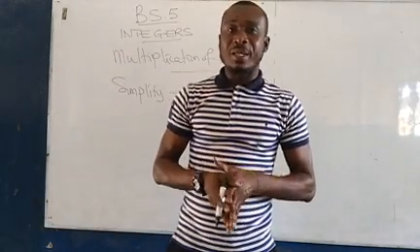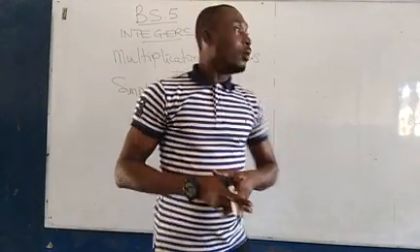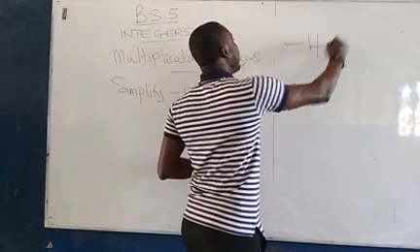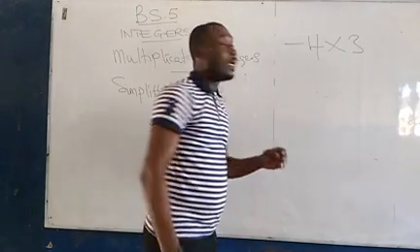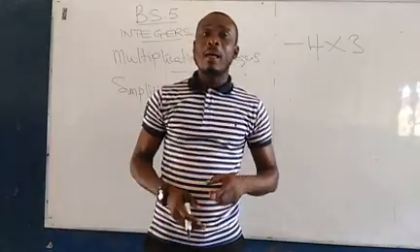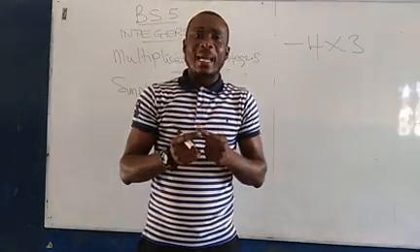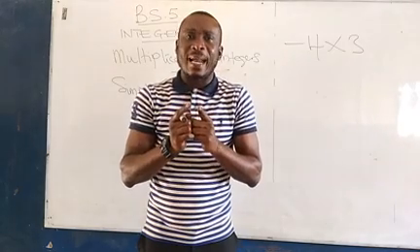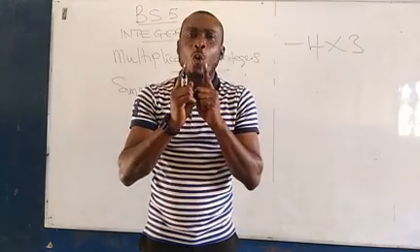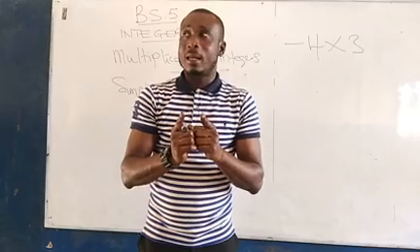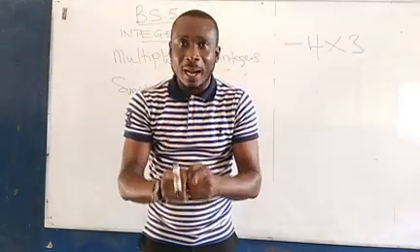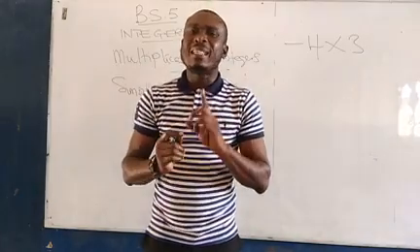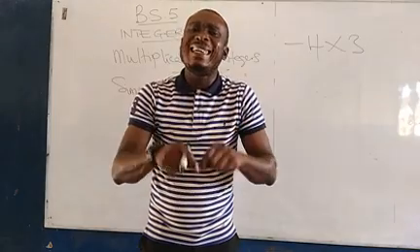In multiplication, we have negative 4 times 3. In multiplication, once again, when it happens that the negative sign appears only once, that one still maintains that particular negative sign.